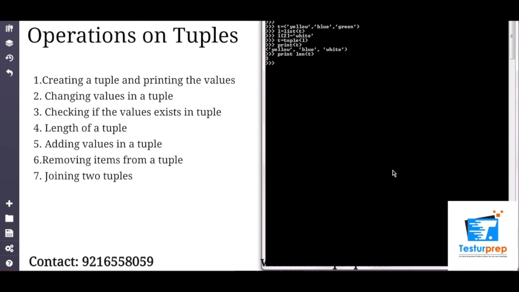But you can delete the entire tuple by writing the keyword del. You see, in the most recent call, t is not defined because we've already deleted t here. So this is how you will delete.